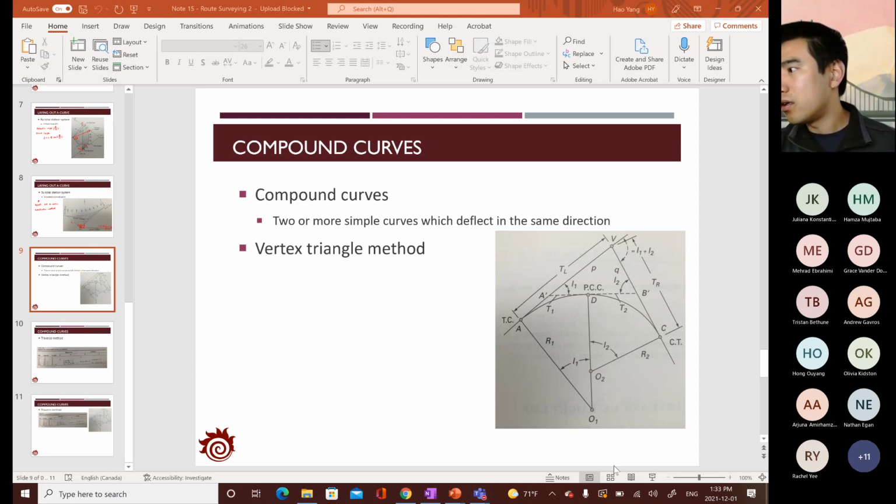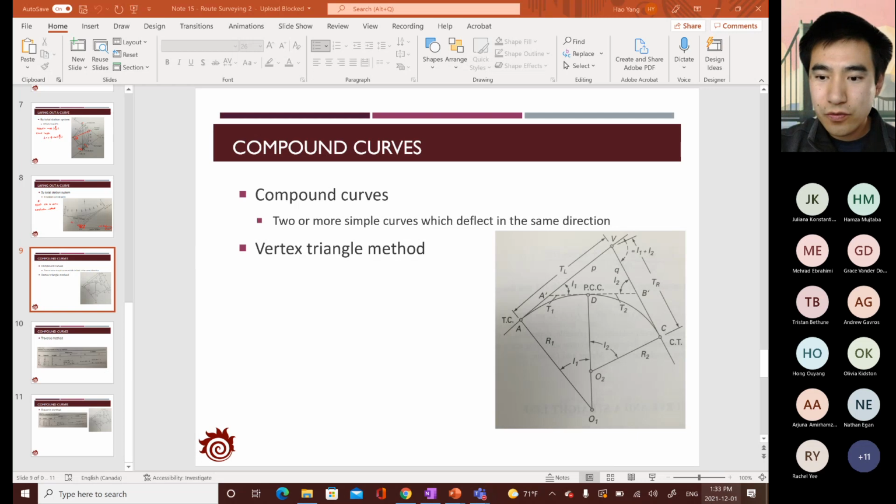So last week we went through the introduction to route surveying by checking how we lay out a curve.